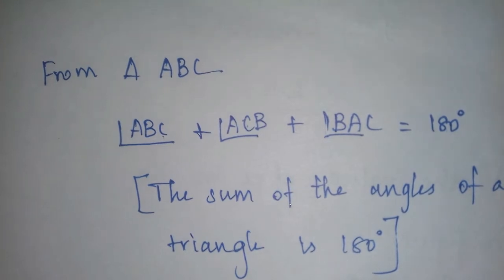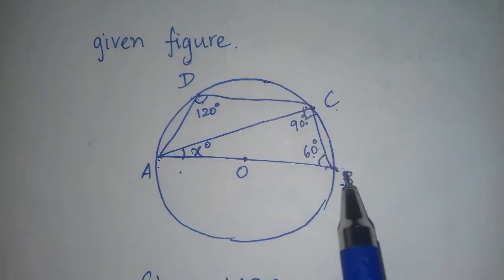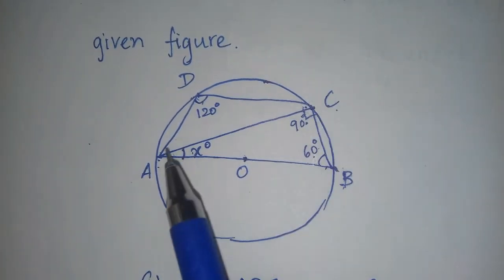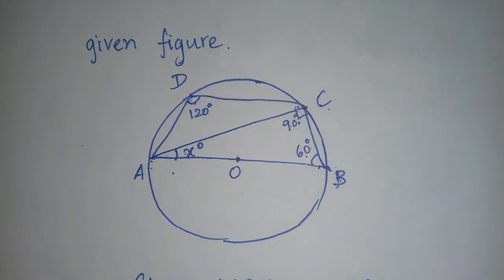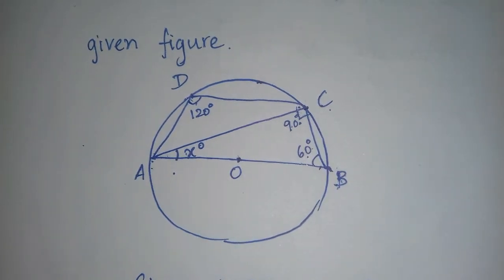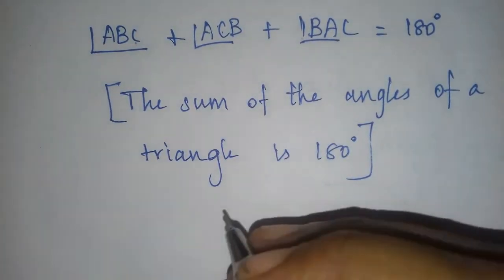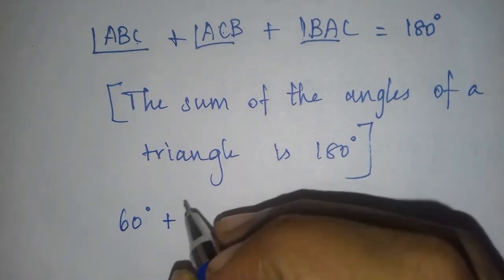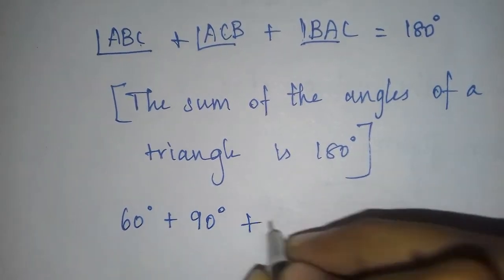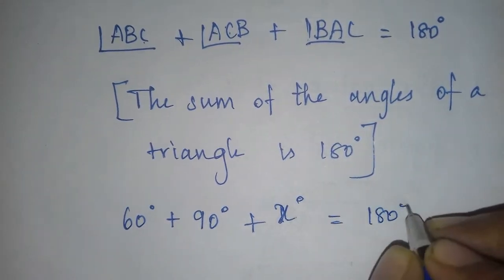Okay. What is angle ABC? Angle ABC is 60 degree. ACB is 90 degree. CAB is x degree. Now we are going to substitute the values. Angle ABC is 60 degree, angle ACB is 90 degree, angle BAC is x degree, that is equal to 180 degree.